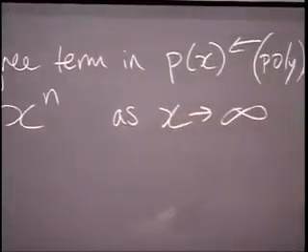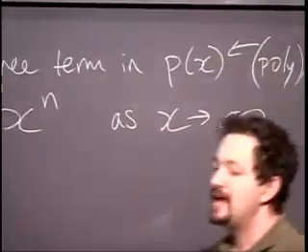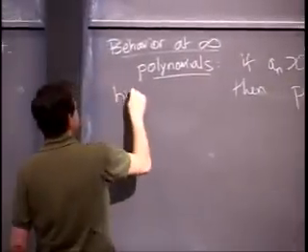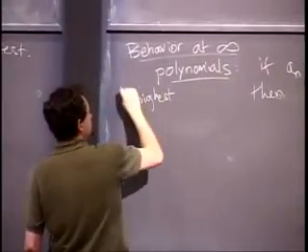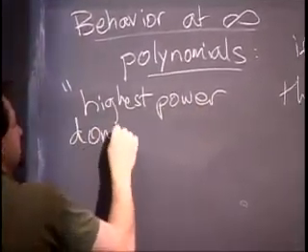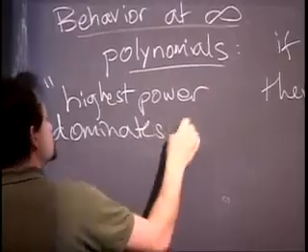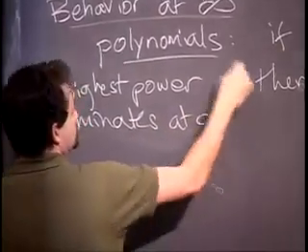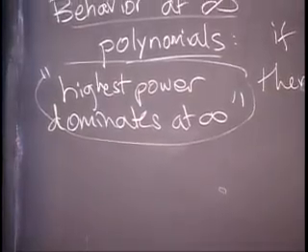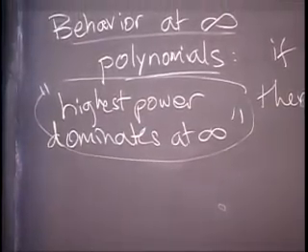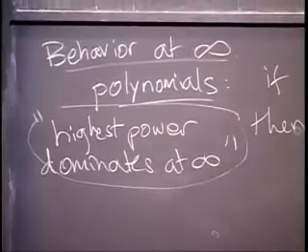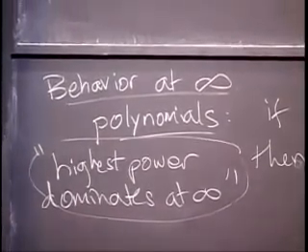We've seen this time and time again. The largest term dominates, so highest power dominates at infinity in a polynomial. Okay, I did a few examples last time. I'm going to do one really, really quickly this time, just to show you what's going on, but I've left my pages on the other side.